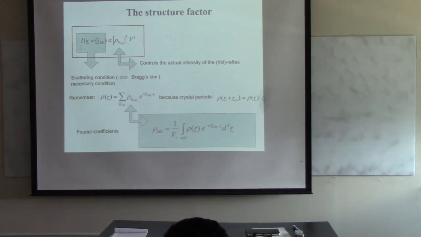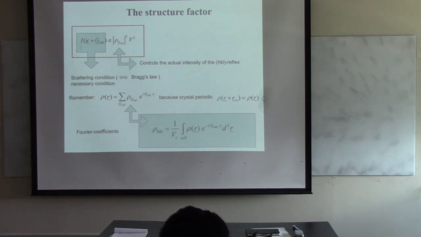So from here onward, I will use rho g squared, and rho g I only write as the integral of rho r e to the minus i g dot r, right? Because k and delta k and g are the same.